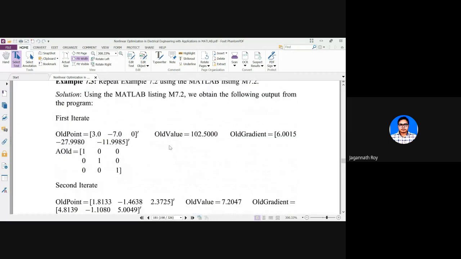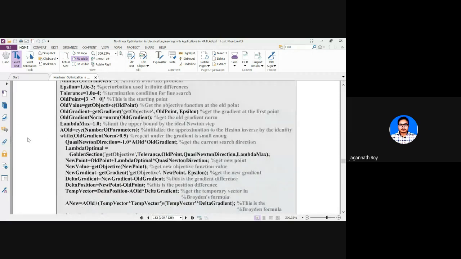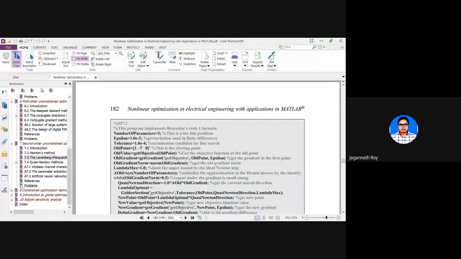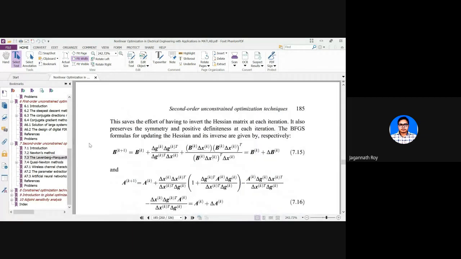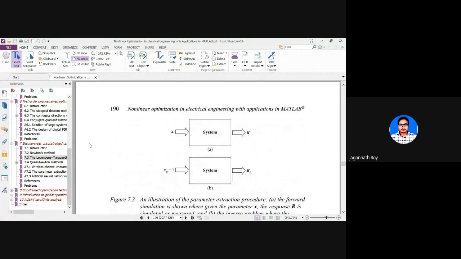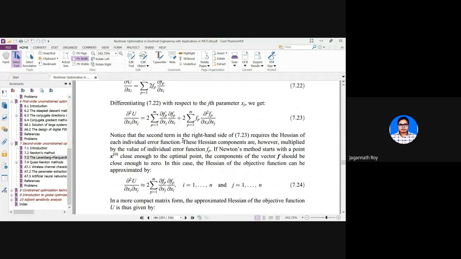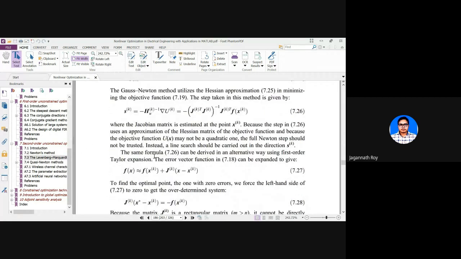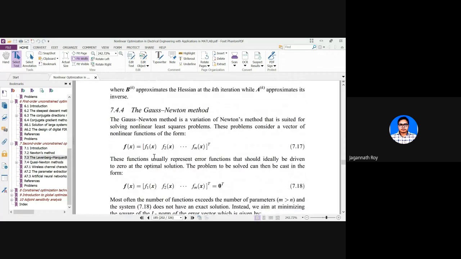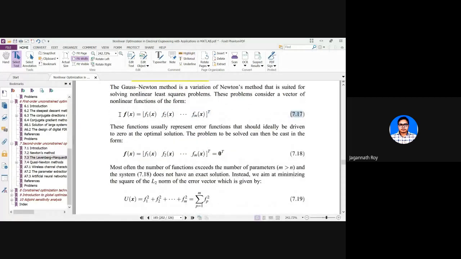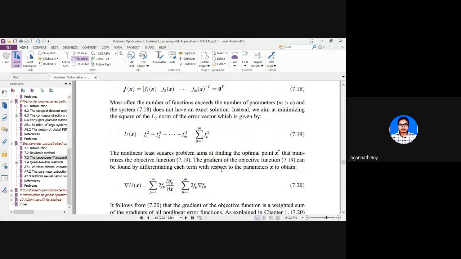For nonlinear problems, all types of problems are given. Okay, let me just. Yeah, so here it is. Yeah, the Gauss-Newton method. So here you can see that the equations are given.